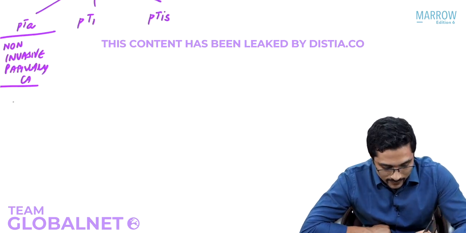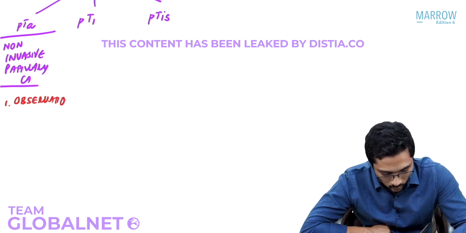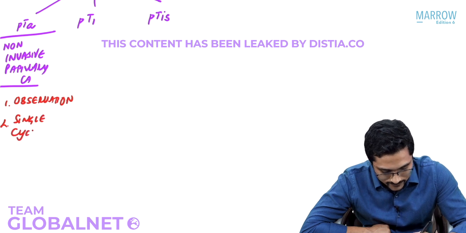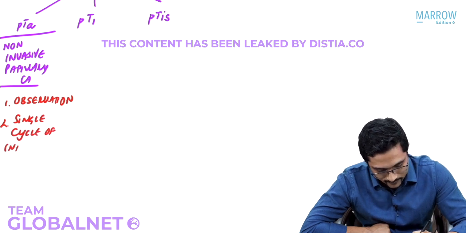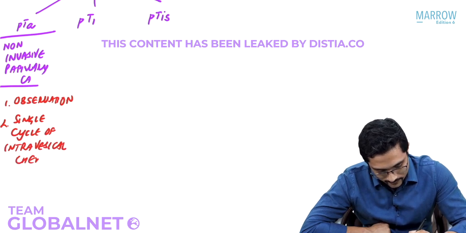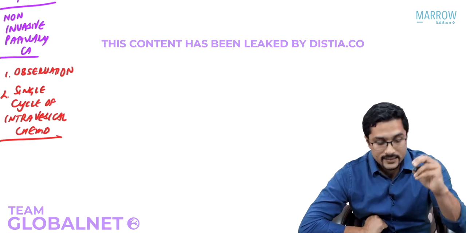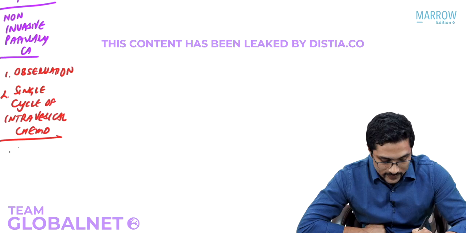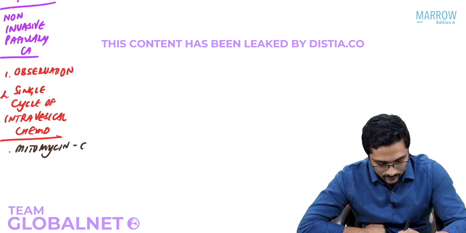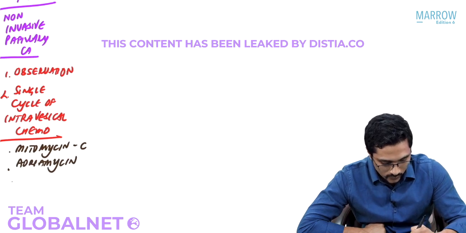Option number one is either we can do observation or we can do a single cycle of intravesical chemo. A single cycle of intravesical chemotherapy, that means chemotherapy which is given inside the bladder, and the agents can be mitomycin C, adriamycin, or thiotepa.